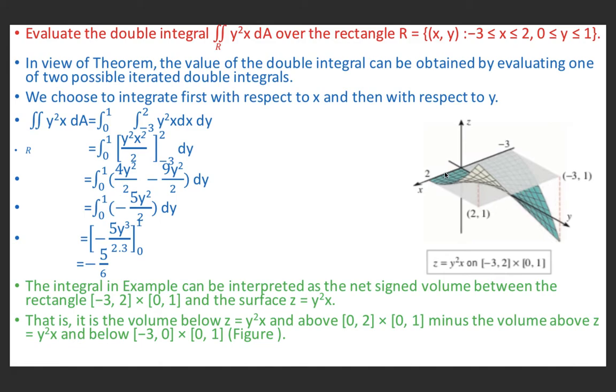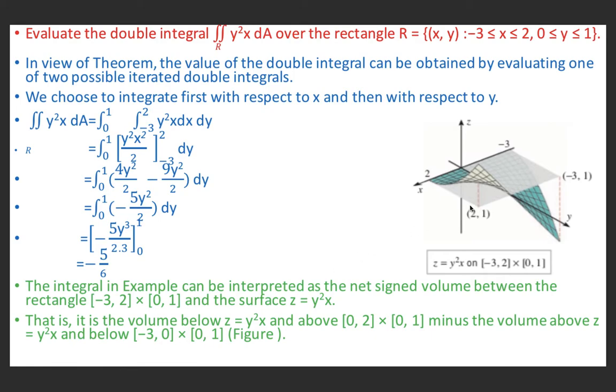So the integral in this example can be interpreted as the net signed volume between the rectangle [minus 3, 2] by [0, 1] and the surface z equal to y square x. Because this is negative, it means it is the volume below z equal to y square x and above [0, 2] by [0, 1] minus the volume under z equal to y square x and below [minus 3, 0] by [0, 1].